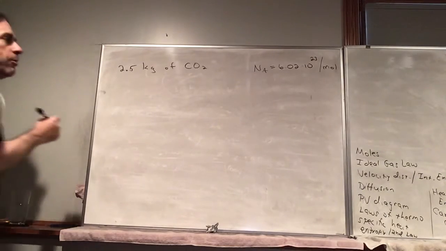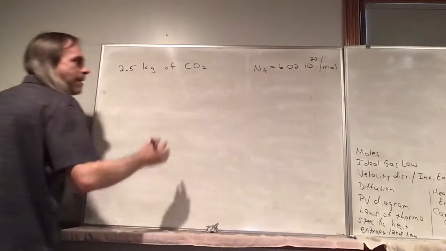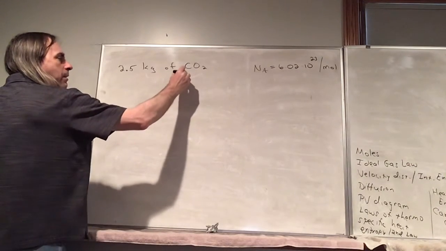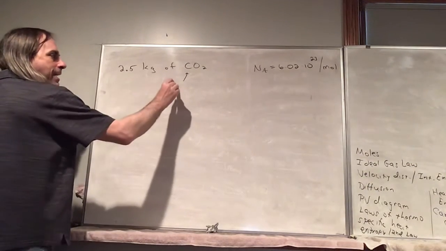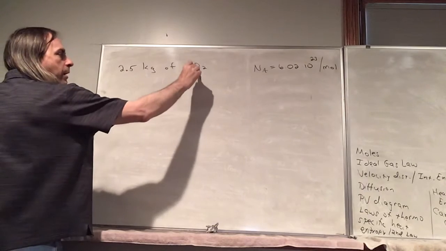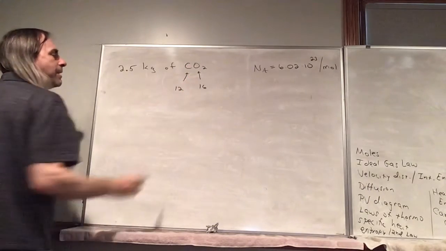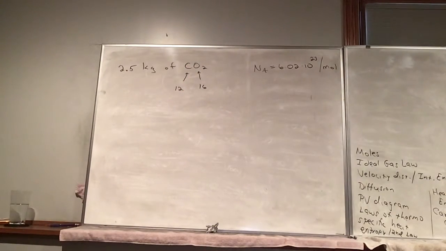So to start out with, looking at a periodic table, carbon has an atomic mass of 12, and oxygen has an atomic mass of 16. It's like 15.9994 or something. It's roughly 16.